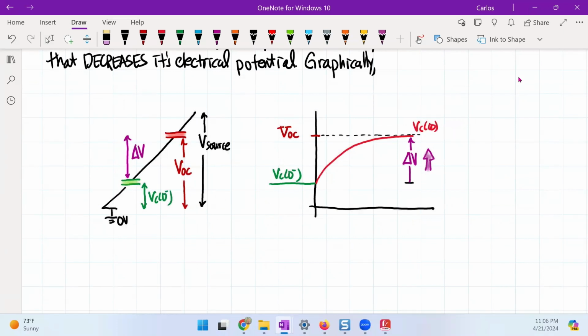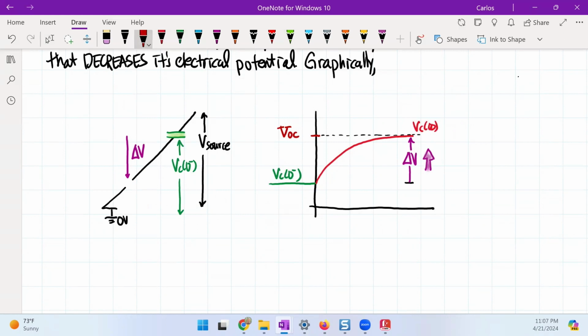So let's reverse the colors of these now. So what I'm seeing is that the green here represents the initial voltage, and this is, of course, measured relative to the ground.